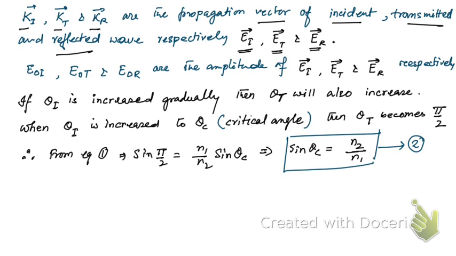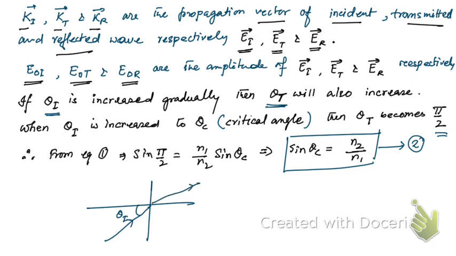These are the incident, transmitted and reflected waves, and their amplitudes are respectively E naught I, E naught T, E naught R. And the angle of incidence, theta I, is increased gradually till theta t becomes pi by 2. When theta I increases, the angle of refraction theta t also increases.